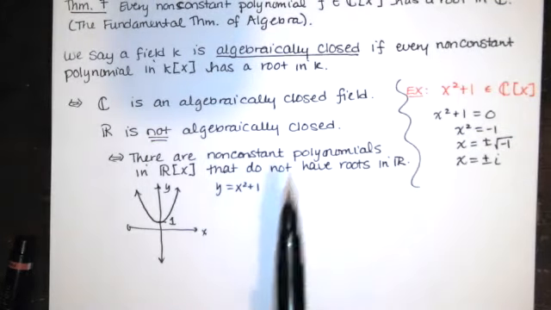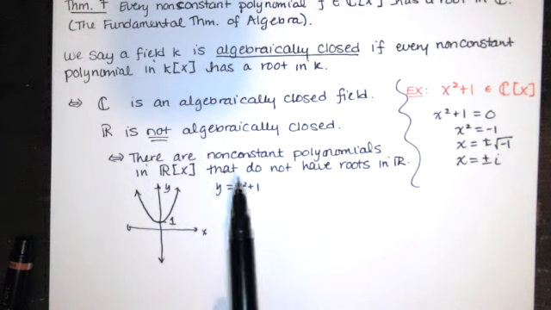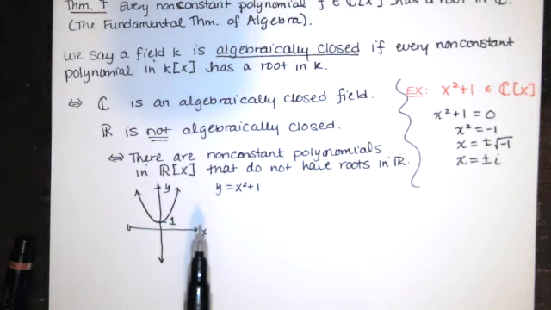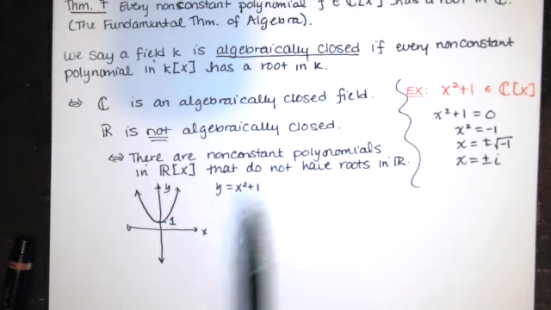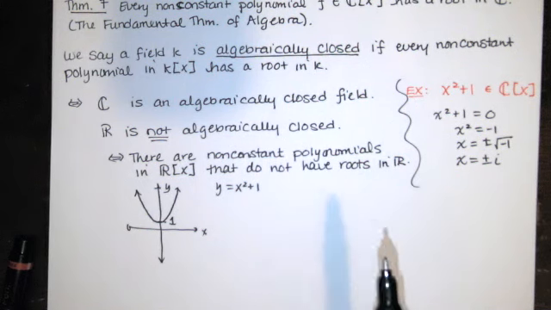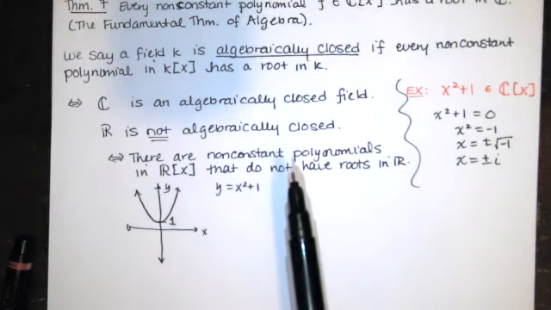Now that's just a particular example that illustrates that the reals are not algebraically closed and the complex numbers are algebraically closed. It's a very familiar example, but hopefully that helps you understand what these statements and that definition mean.